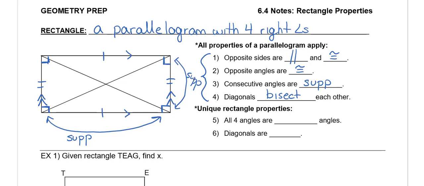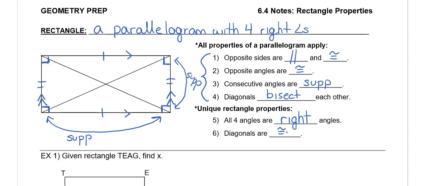Now there's 2 more unique properties. The first one is that all 4 angles are right angles. That's part of the definition. That's part of what makes a rectangle a rectangle. And now the second one is that my diagonals are actually congruent.